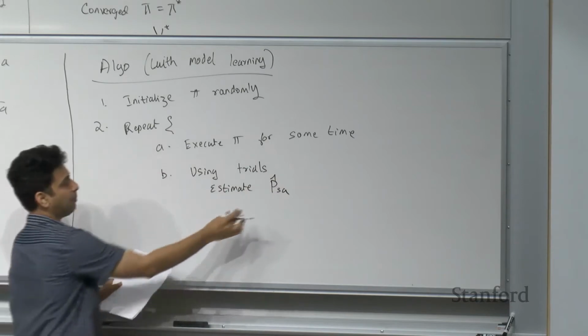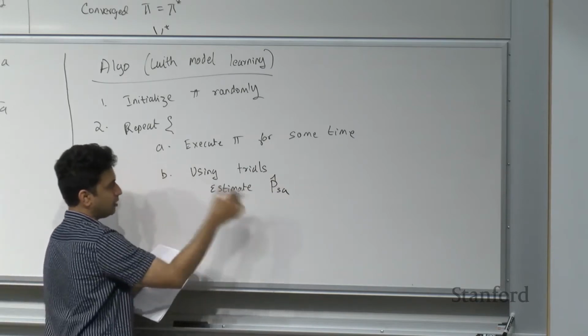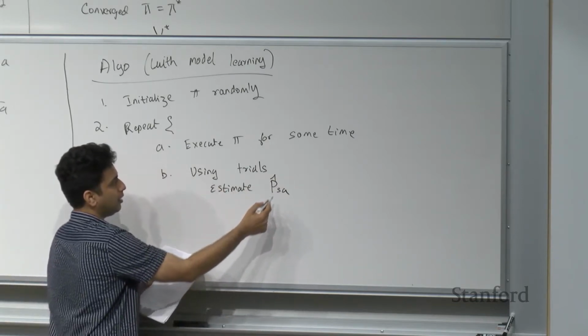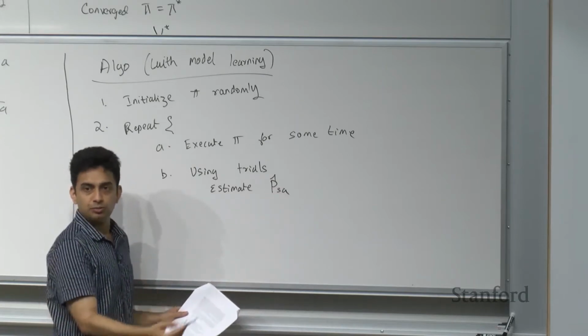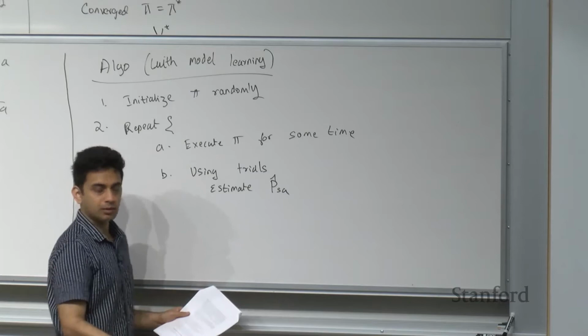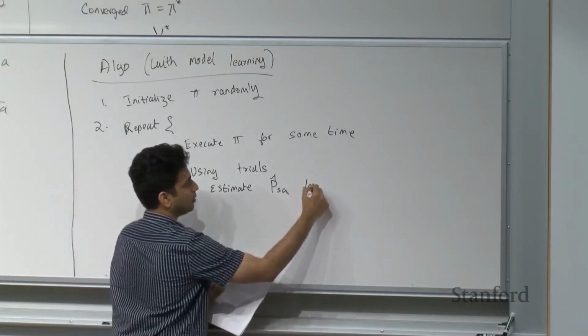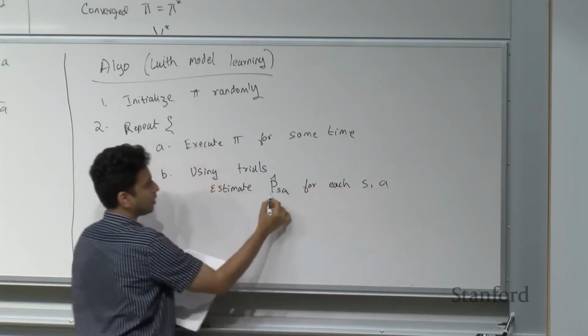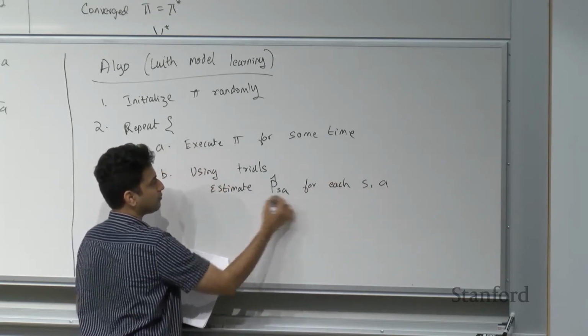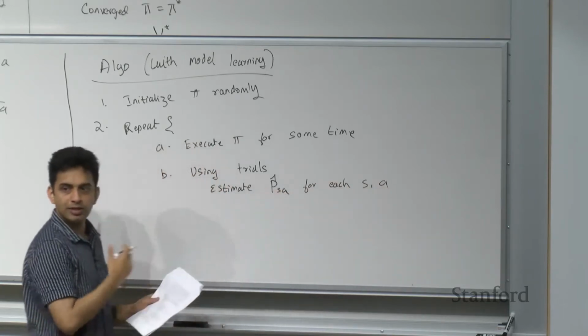And by estimate p hat of SA, basically this means estimate S times A number of probability distributions, where each distribution is over all the future states, for each S comma A, right? So there are S times A number of such probability distributions. So estimate all of them.